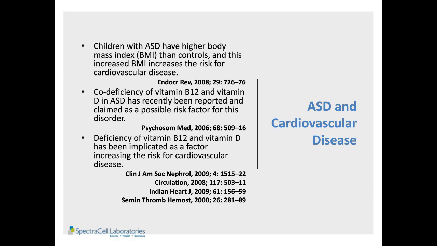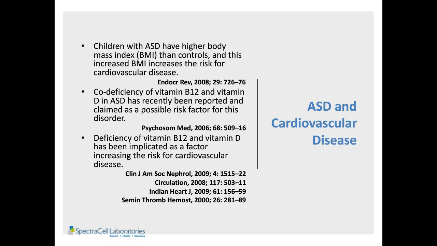Some of the other things that we have found with these individuals, that these children also have higher body mass indexes. They often have a deficiency of vitamin D, but also B12. Now, is it related to the MTHFR? Some cases it may be, some cases it may not. It may be dietary restrictions that these individuals are put on. If they become vegan or the mother is vegan, she may, once again, impose these particular deficiencies on these individuals.